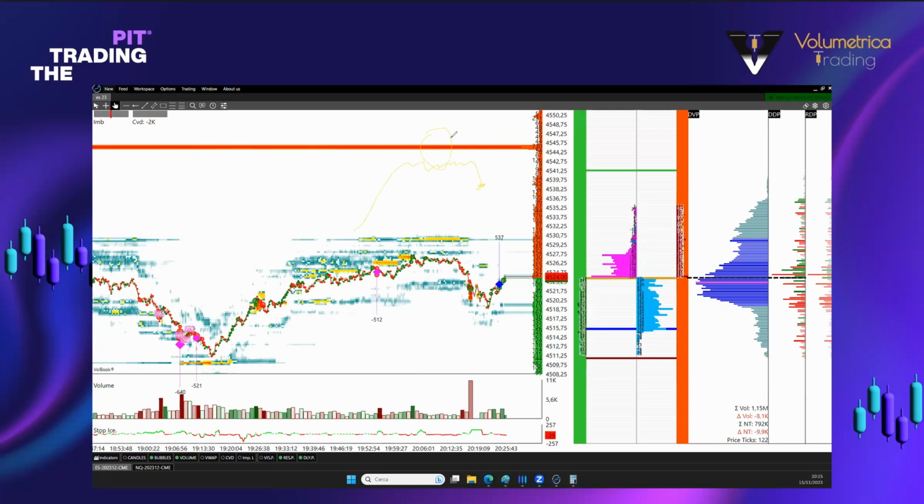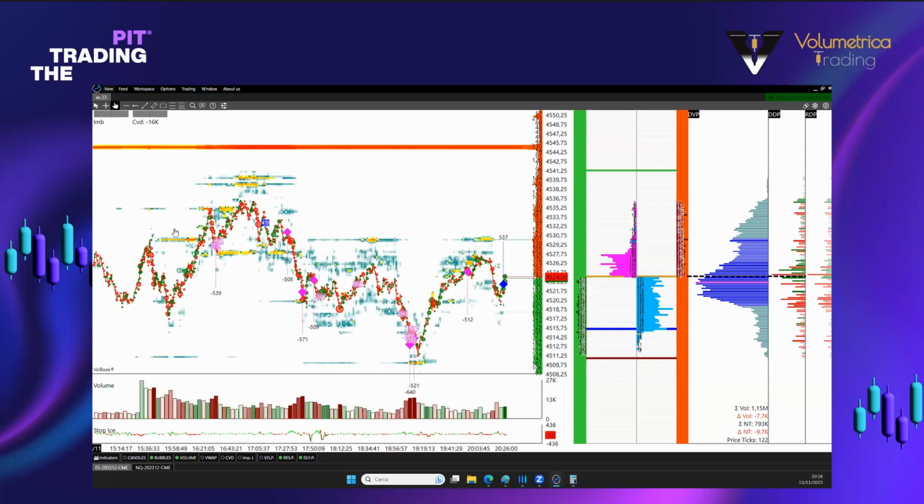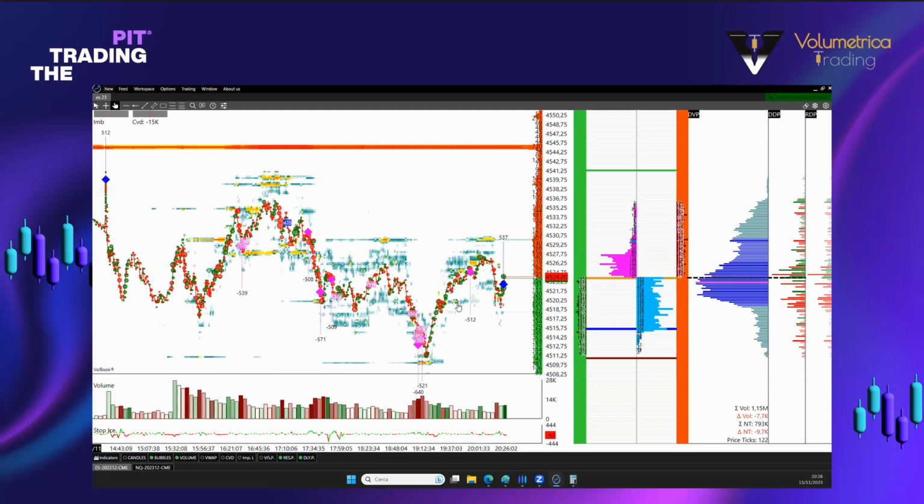That doesn't count for the entire day, of course, because according to this statement, today we shouldn't have been looking for a short at all, even though there were some nice short moves, right?